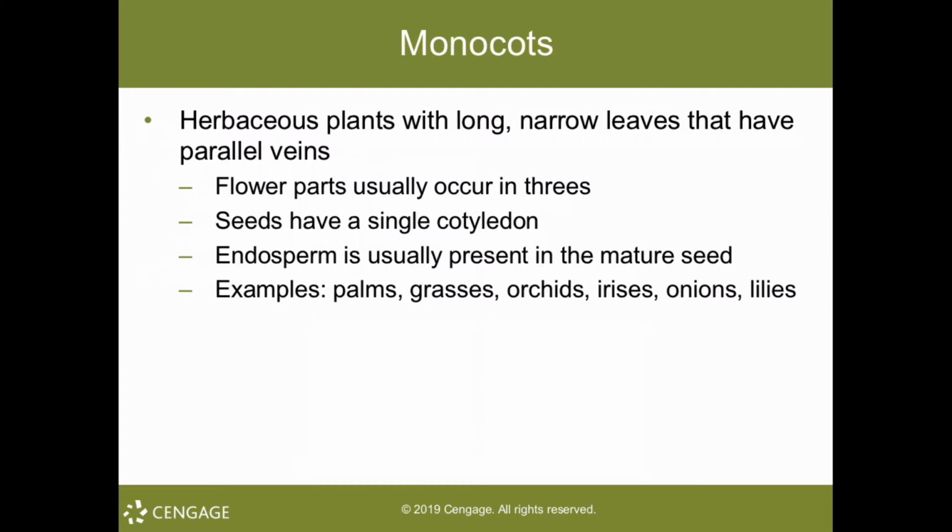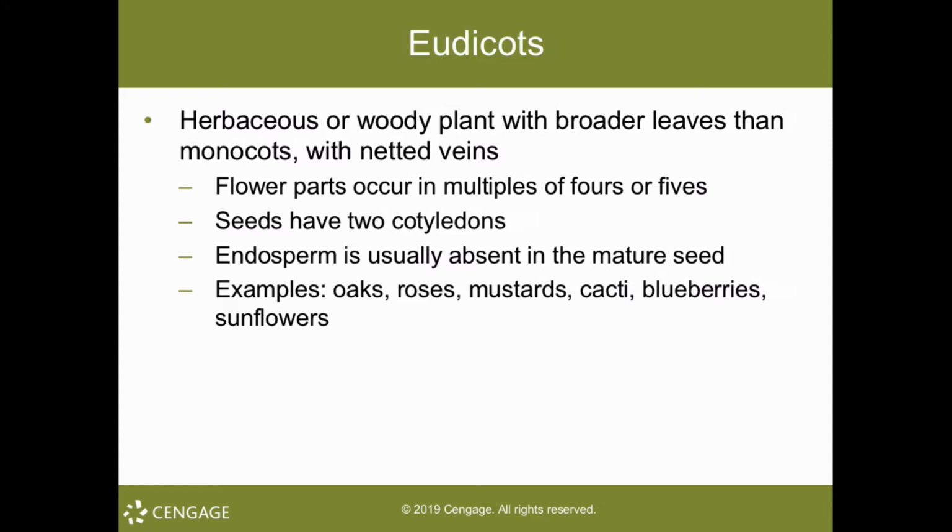To contrast things, I'll now get on to the eudicots, which I'll just call dicots. The dicots include things such as the sunflowers, blueberries, cacti, mustards, roses, and oaks. The list goes on. Dicots can be either herbaceous, such as that tomato plant, or woody, such as that pecan tree or the hickory tree.